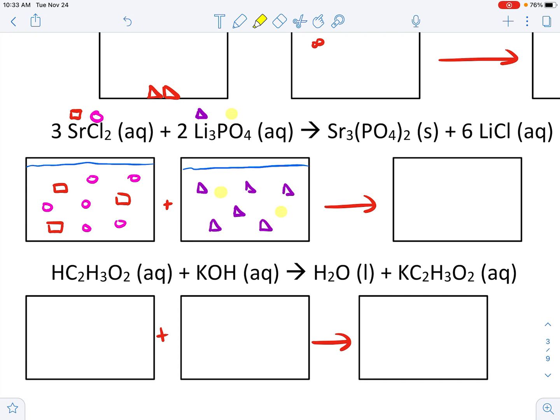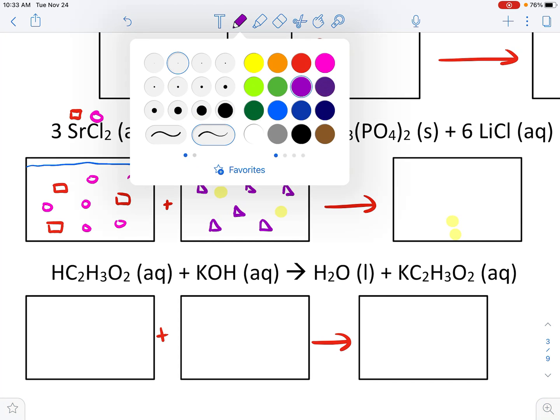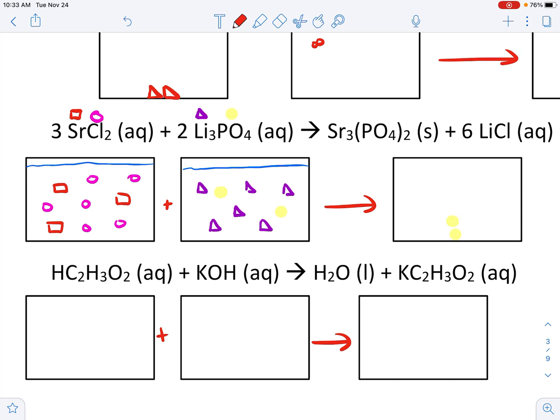All right, so now when we put this all together into the same little tank, we're going to have 2 dots for our PO4s. And then around it, we're going to have 3 red boxes. Okay, so I kind of boxed myself in here a little bit. Let's erase that dot there. So we'll go back to our boxes. There's a box, box, box.